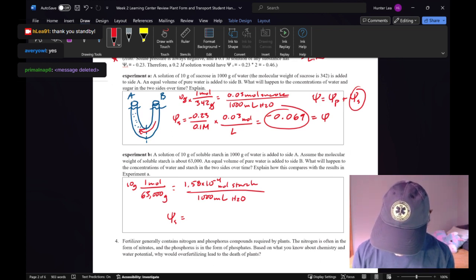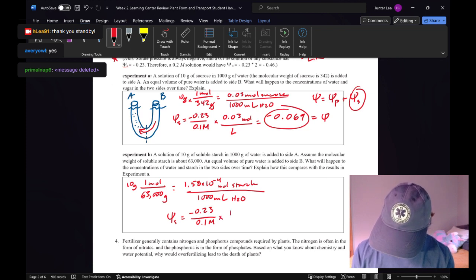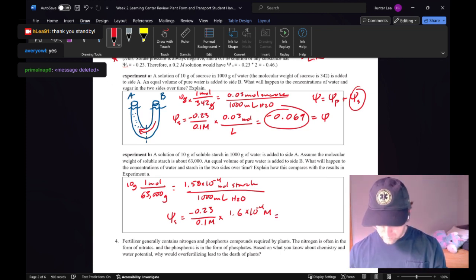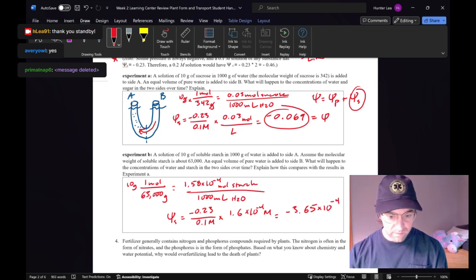So it's negative 0.23 per 0.1 molar. We've got 1.6 times 10 to the negative 4 molar, so times negative 0.23 divided by 0.1 gives us, does that check out?